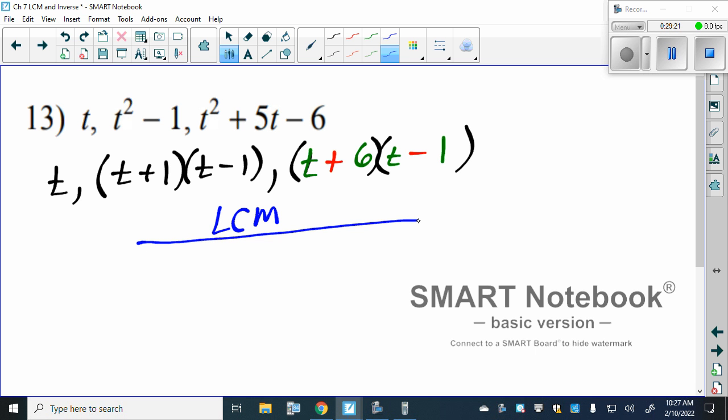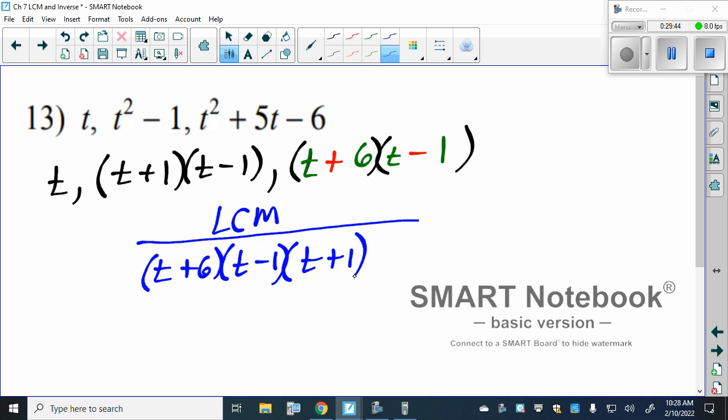So what is one thing we know we need for sure? T plus 6 and t minus 1, okay? Because we took it straight from the last one. We know we'll need both of those. Now what does the middle one have that our least common multiple doesn't? T plus 1, so we need to add it.